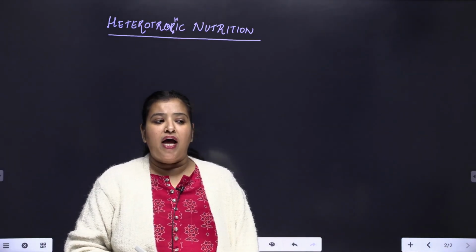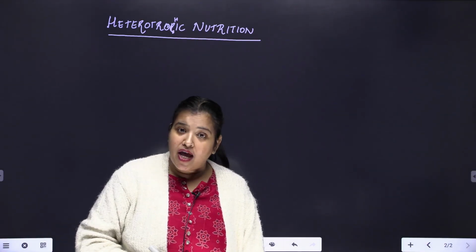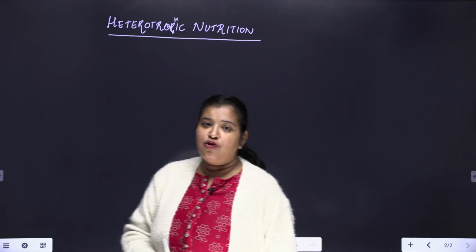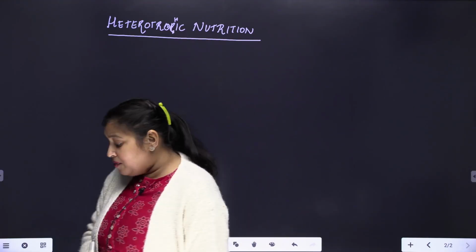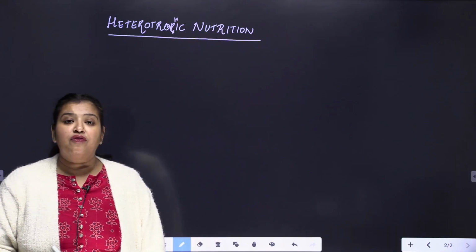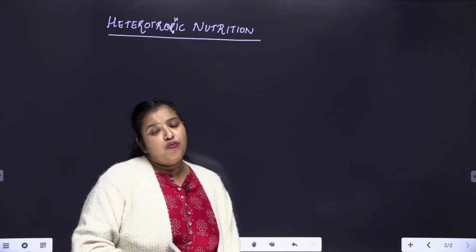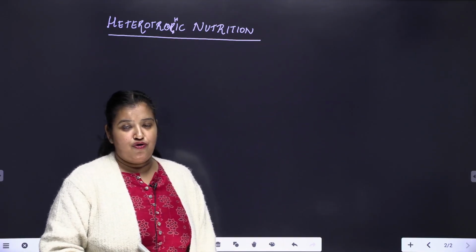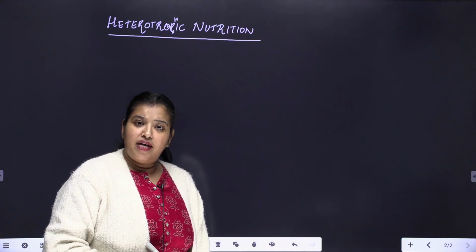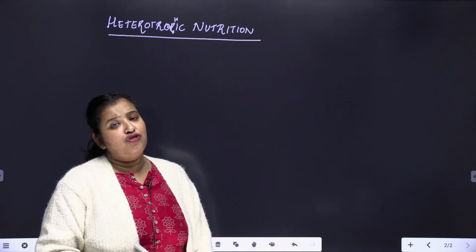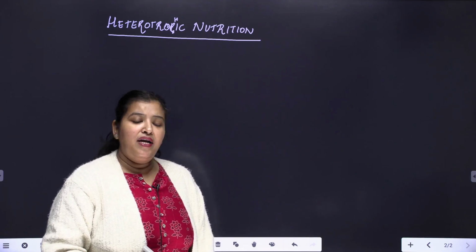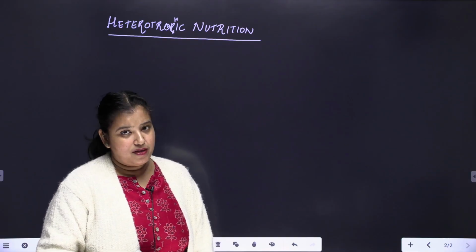So when an organism depends on other organisms for its nutritional requirement, it is said to have heterotrophic mode of nutrition. Then we also talked about the various types of heterotrophic nutrition, which was the parasitic, the saprotrophic, and the holozoic mode of nutrition. Now, according to the NCERT, we have to discuss nutrition in two organisms, amoeba being the unicellular one and human beings being the multicellular ones.